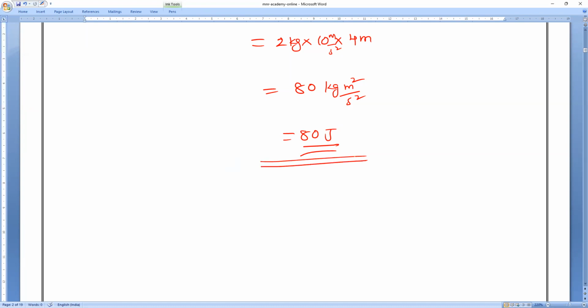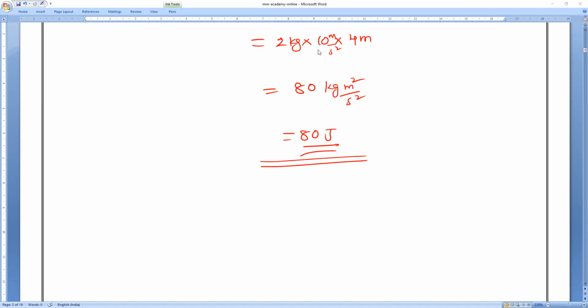Calculate the new potential energy 2 meters below the initial height.